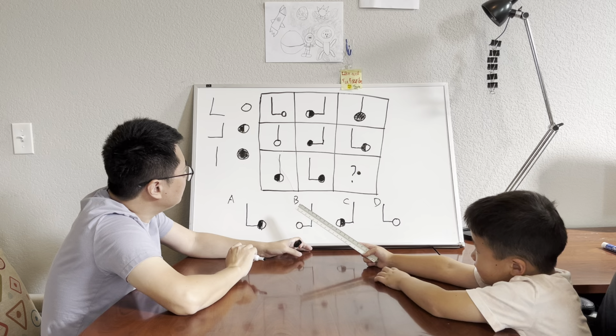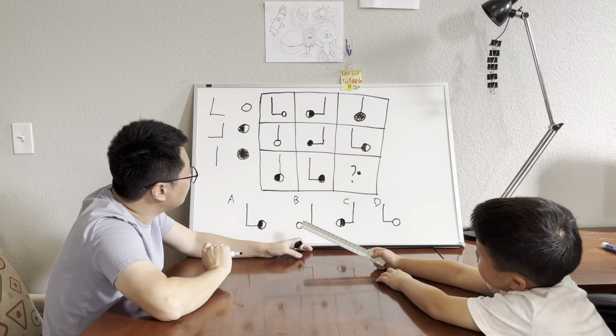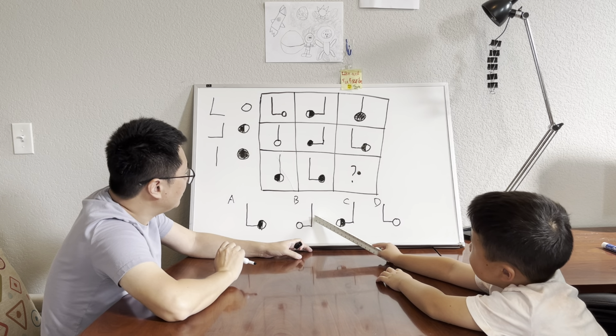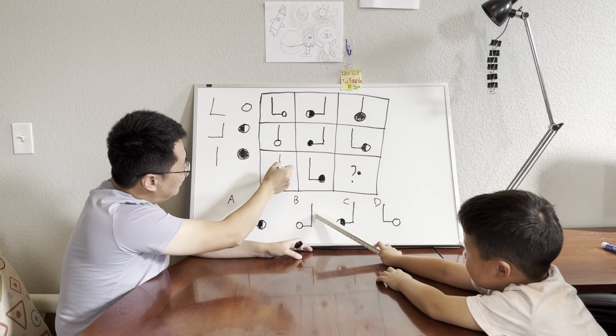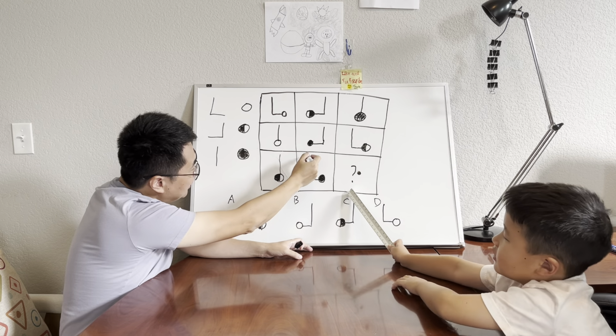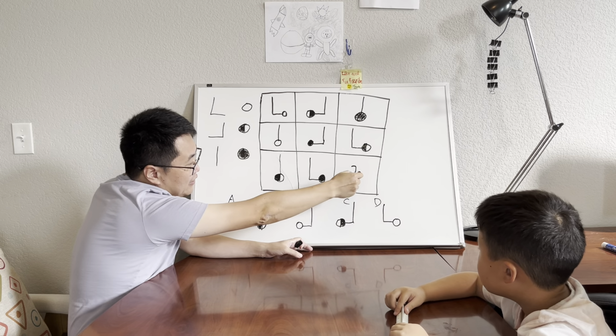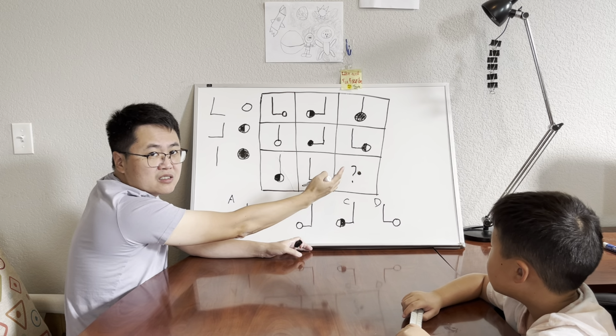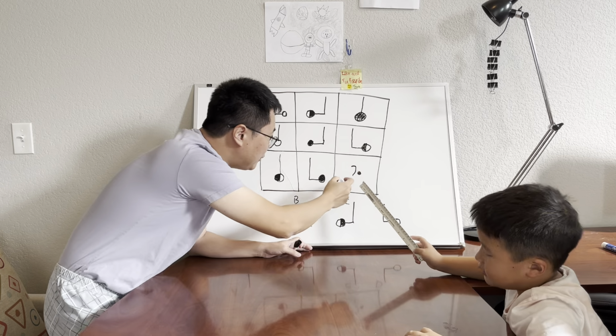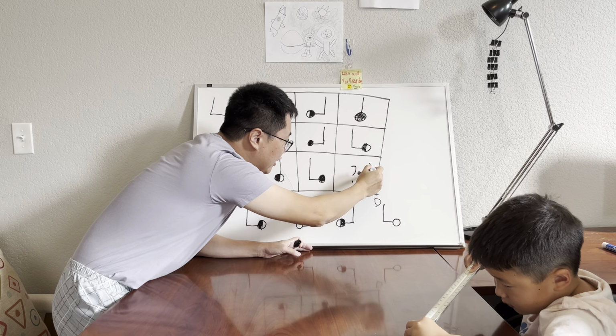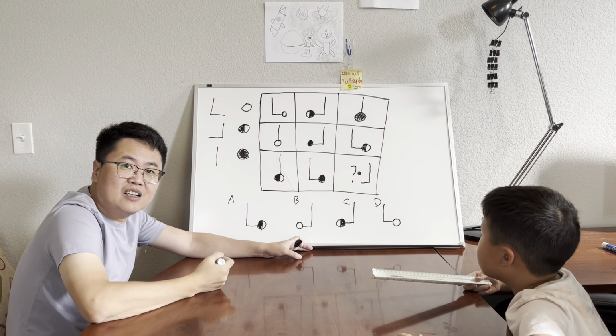Which stick is actually missing? For the bottom row, you have the vertical stick and the L-shaped stick, but you don't have the opposite L-shaped stick. So you must be missing an opposite L-shaped stick.